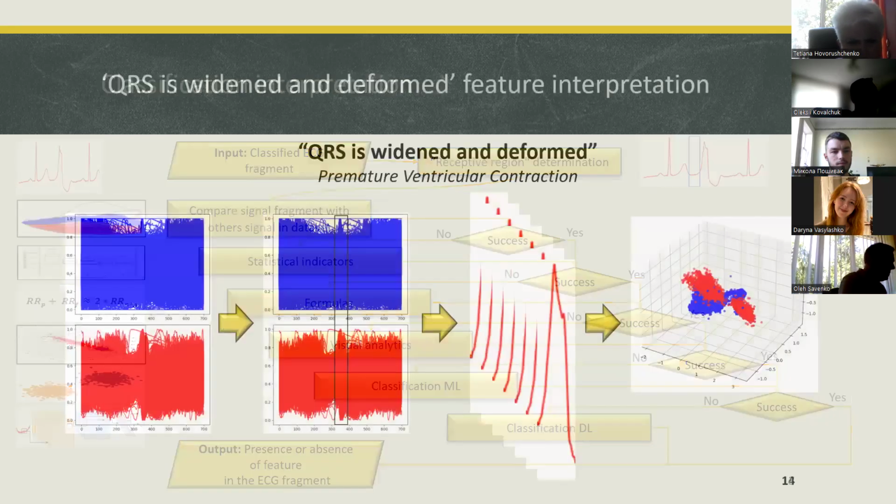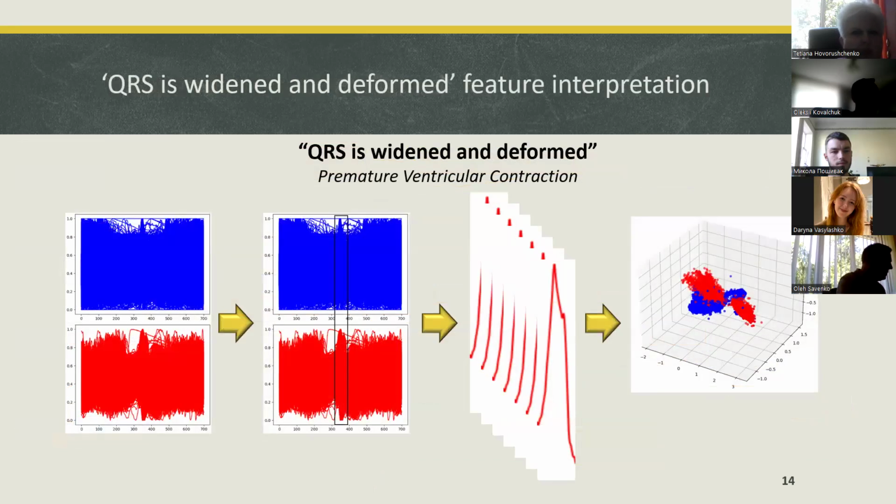On the next two slides, I will show some examples of interpreting a classified electrocardiogram signal for the pathology of premature ventricular contraction. On this slide, we take a look at the feature named QRS complex is widened and deformed. On the first stage, there is a visual comparison of electrocardiogram signals of two classes, the normal one and the pathological one.